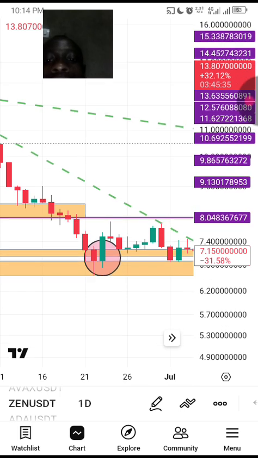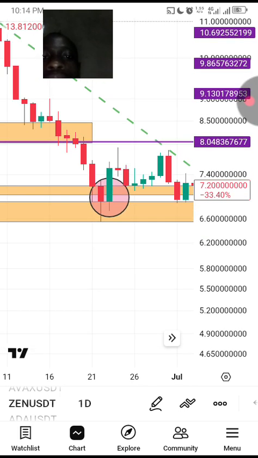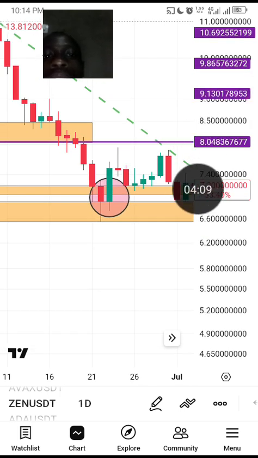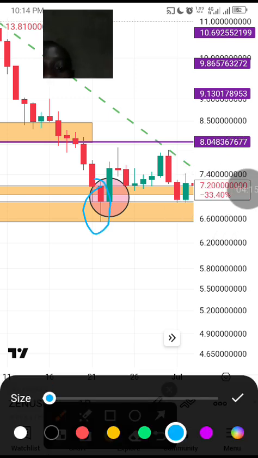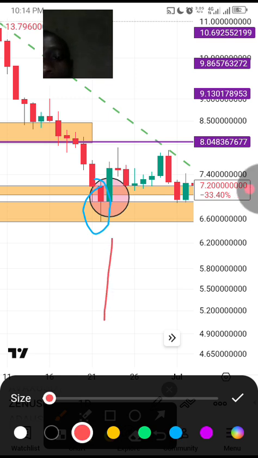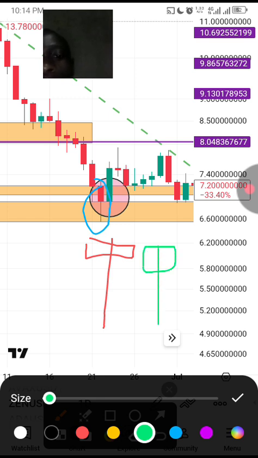For me, on my side, always wait for this candle. Whenever you see that the market has been chasing, always wait for this candle, let me show you, the candle which is like a hammer, or it can be green.